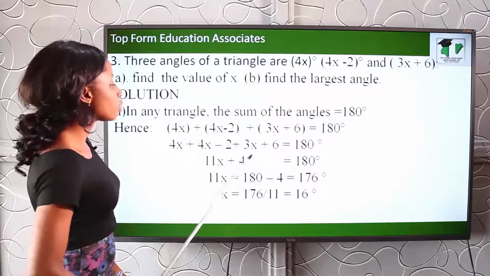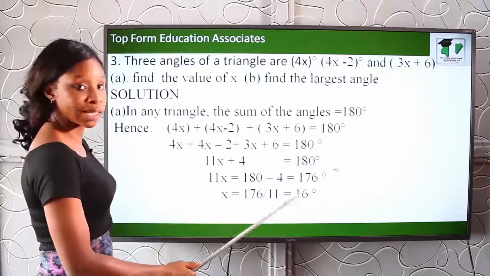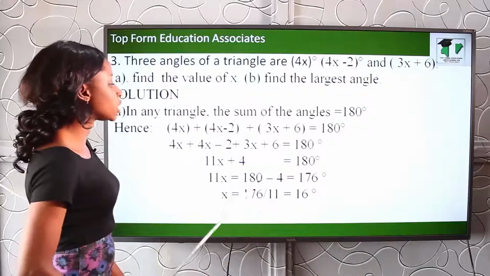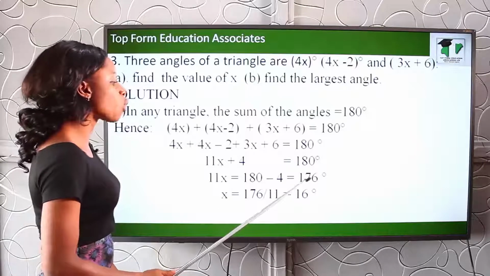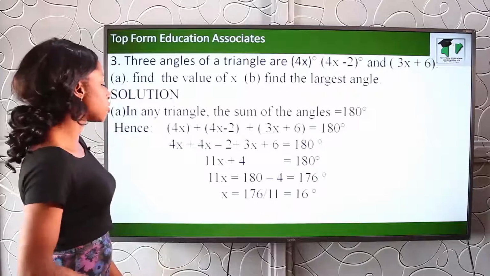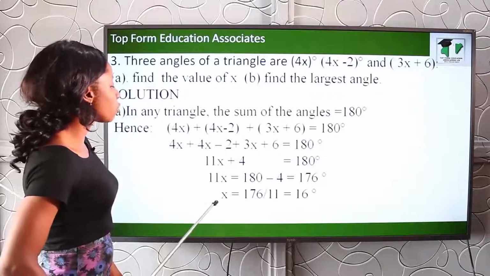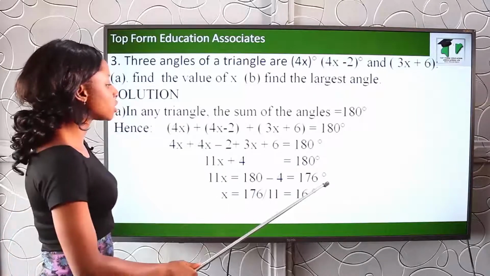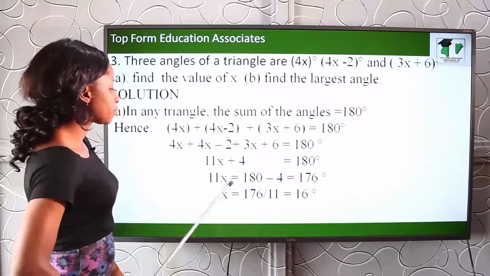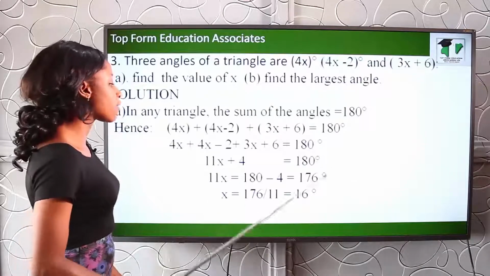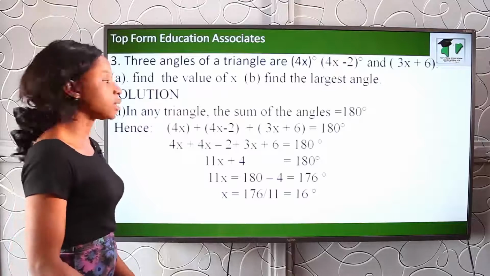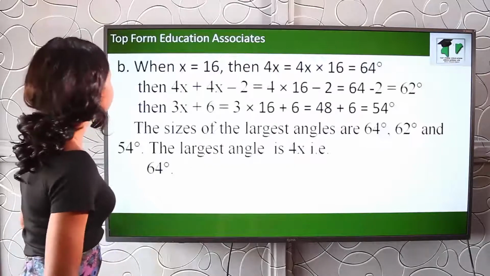We move 4 over to this side: 180 minus 4 gives us 176 degrees. To make x the subject, we divide 176 by 11, and we have x as 16 degrees.